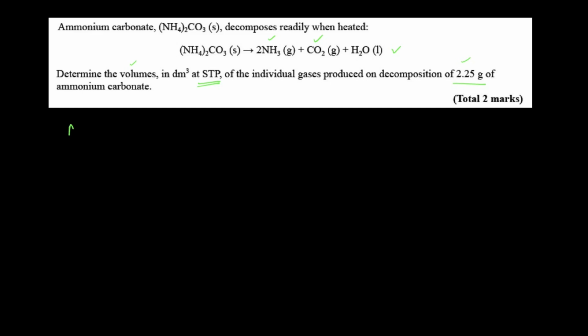So first of all, we will find the molar mass of ammonium carbonate. So what is the molar mass of ammonium carbonate? So molar mass is 2 times nitrogen 14 and hydrogen 4, plus 12, plus 3 times 16.